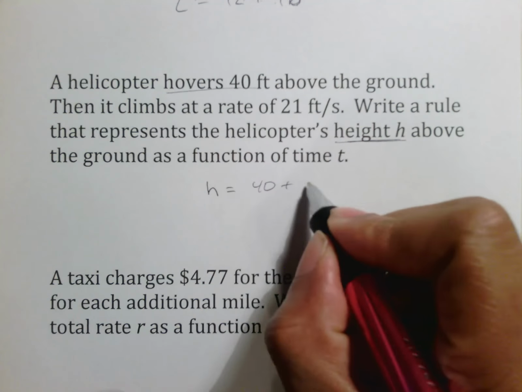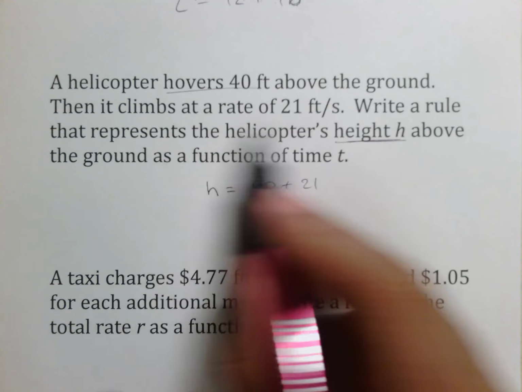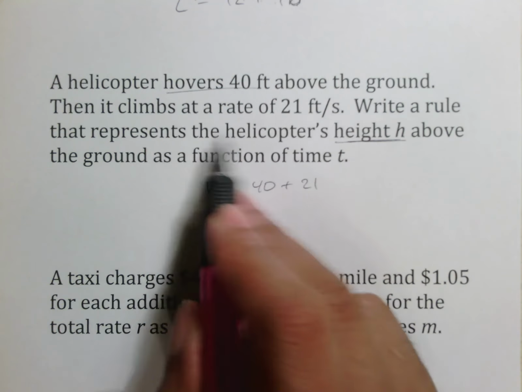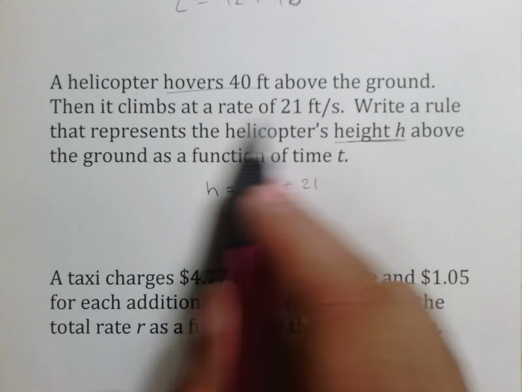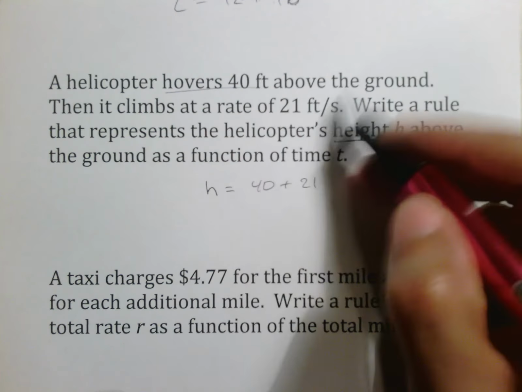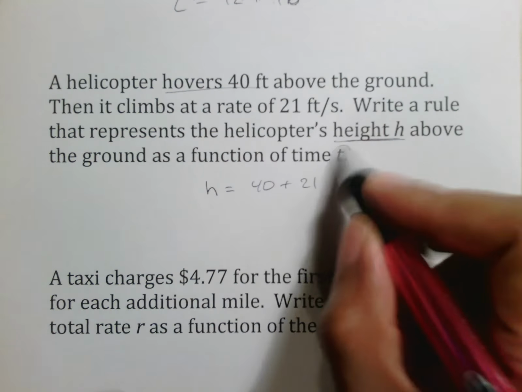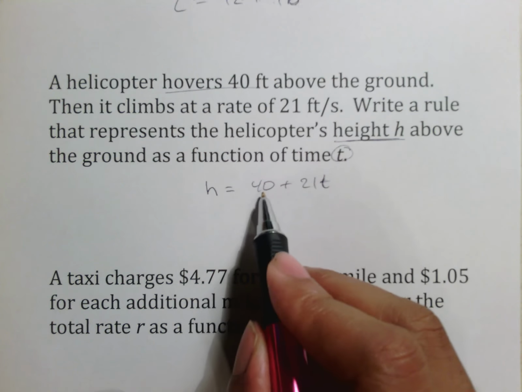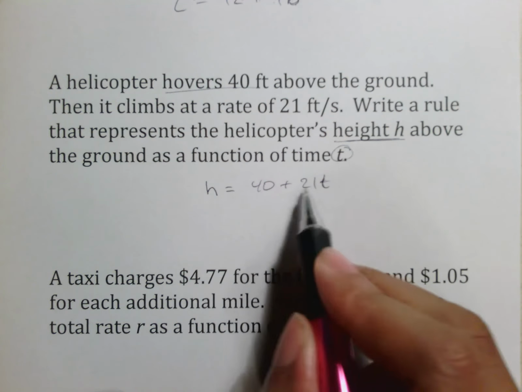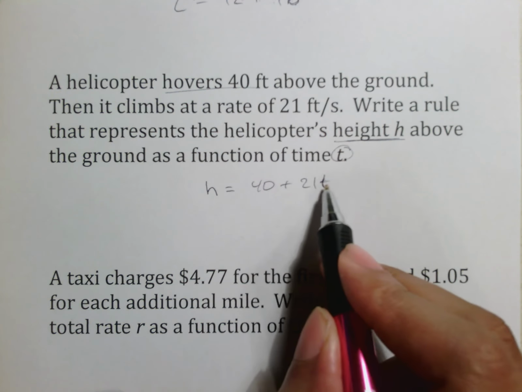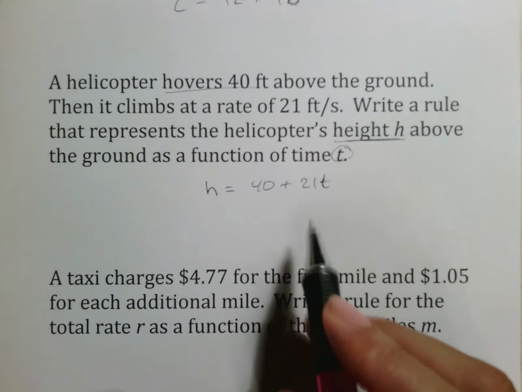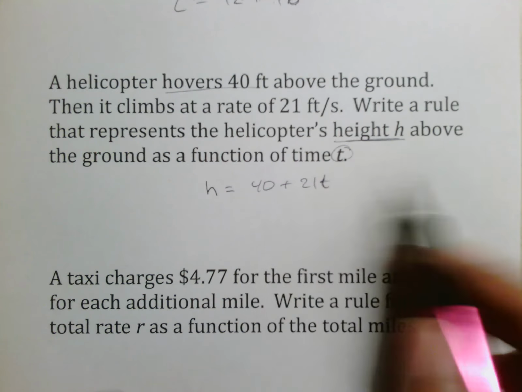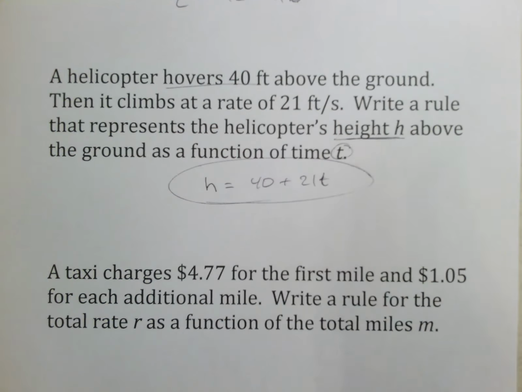So we want to add 21 feet per second. Again, the word per means multiply, and I think they want it based off of t. So it should be 21t. Again, 40 feet plus 21 feet for every second. So if it's 2 seconds, it'll be 21 times 2, and so on. That would be how you represent that.